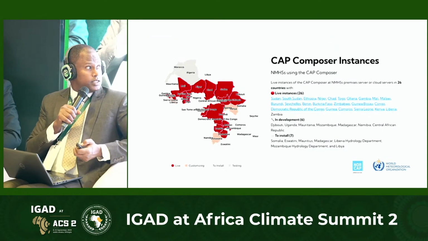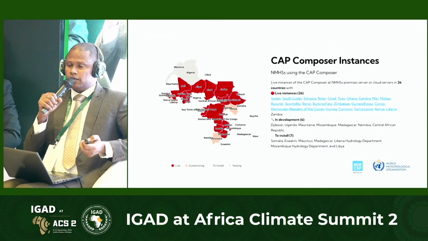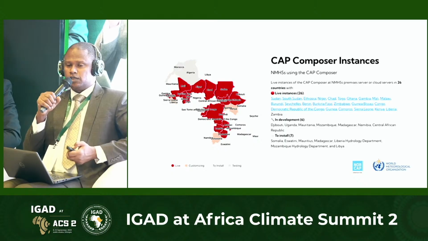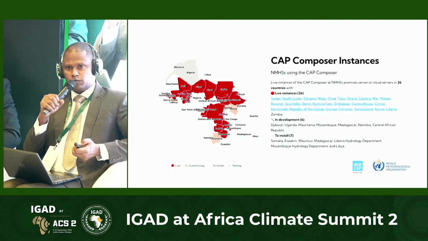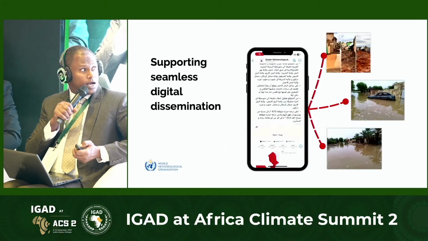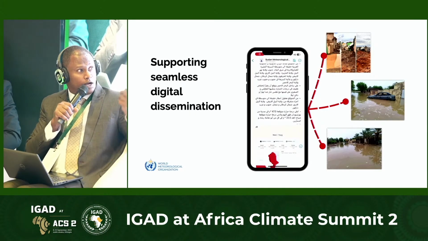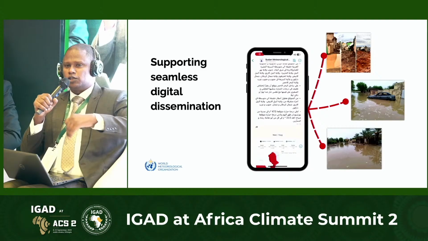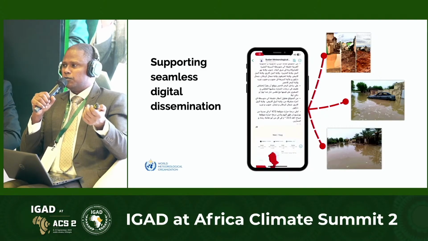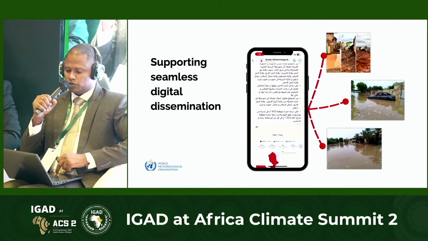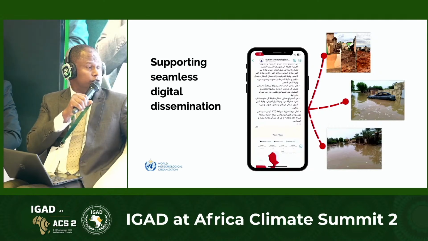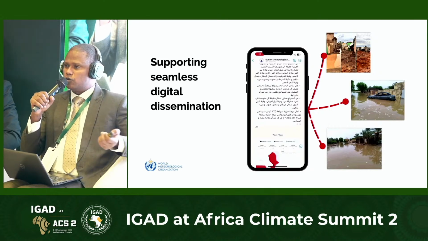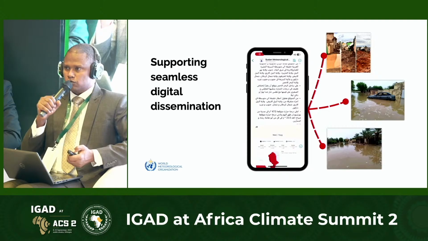So these are examples of the countries currently using the CAP Composer. The same countries that use CleanWeb are benefiting from the CAP Composer. And here are examples of how warnings are seamlessly disseminated through the different communication channels available to the national met services. For example, this is an example from Sudan and how the warnings are disseminated to social media.